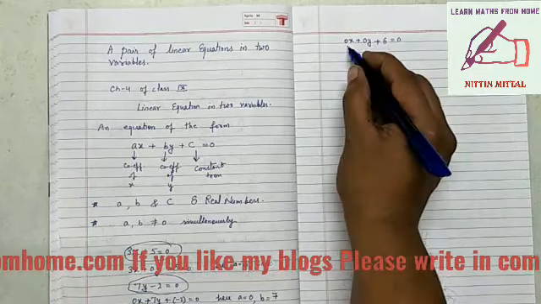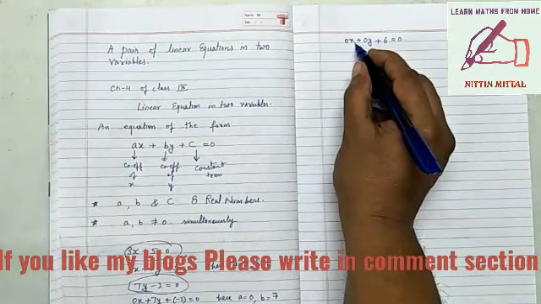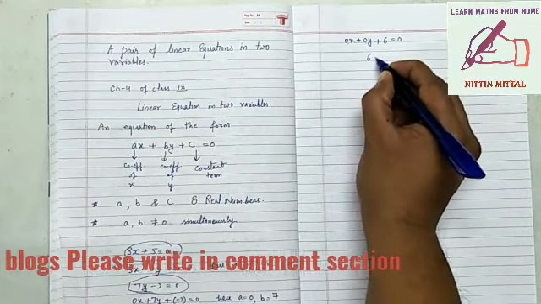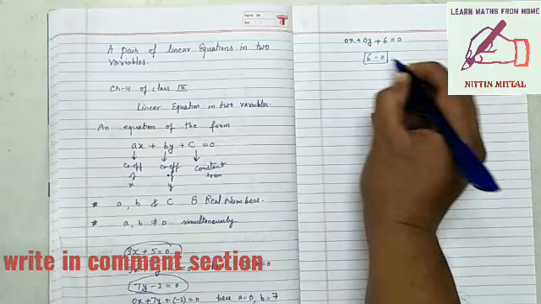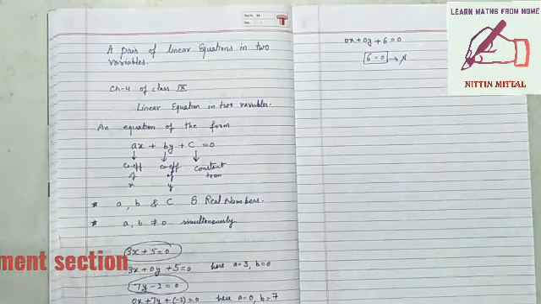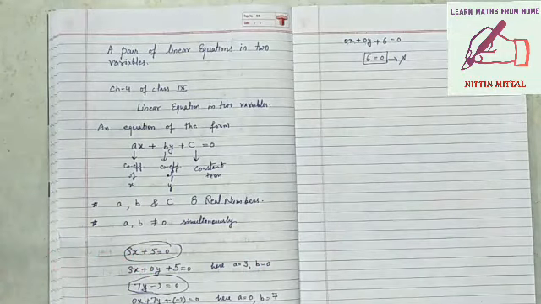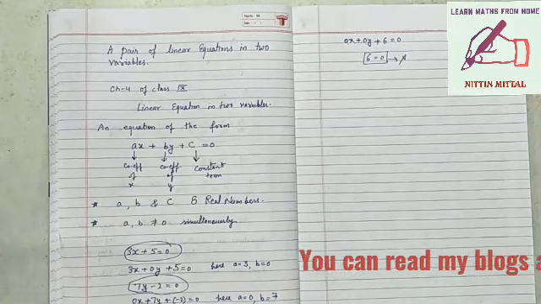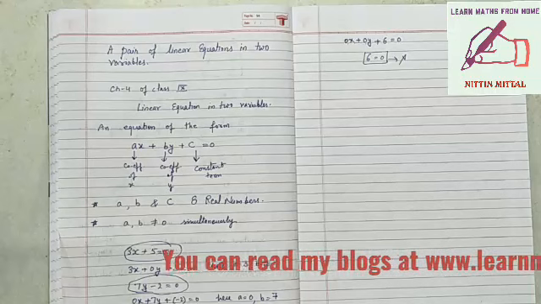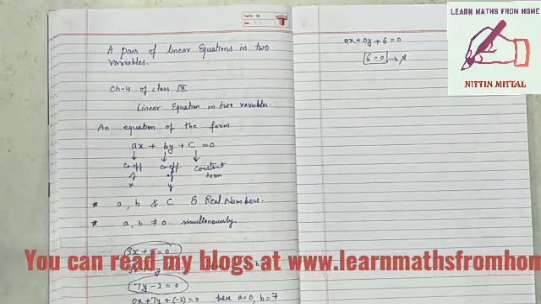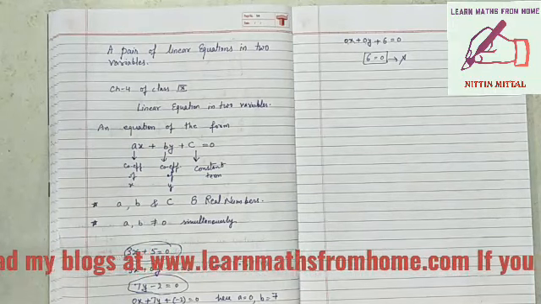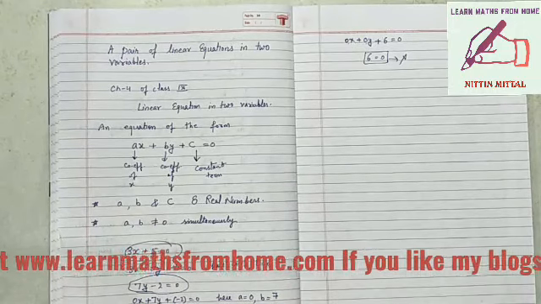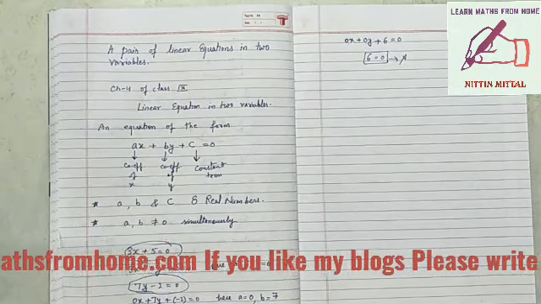Because here if we simplify, so 0 into x 0, 0 into y 0, it means 6 equal to 0, which make no sense, right? It is not possible. So linear equation won't exist. So for the existence of linear expression in the equation, it is must that one of the variable must survive.